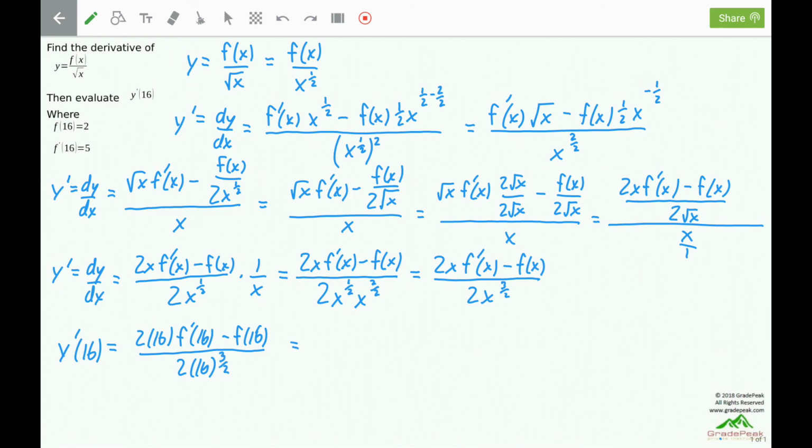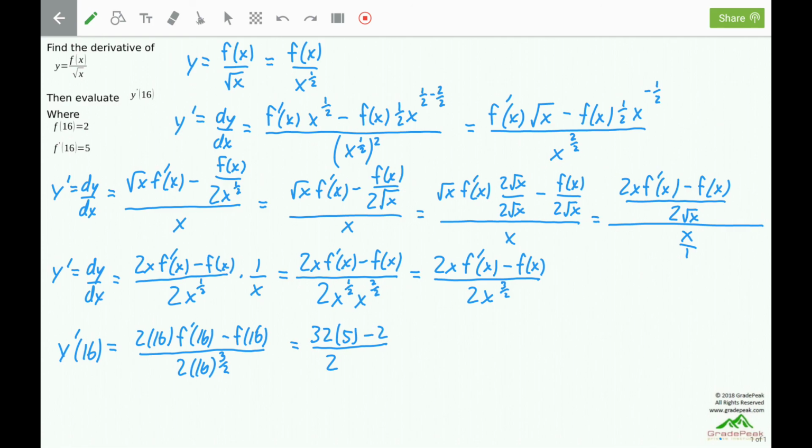Now in the numerator, 2 times 16 is 32. F prime of 16 we're going to find from up here, and f of 16 for that matter is also up there. F prime of 16 is a 5, minus f of 16 is a 2. All of that divided by 2 times 16 to the 3/2.